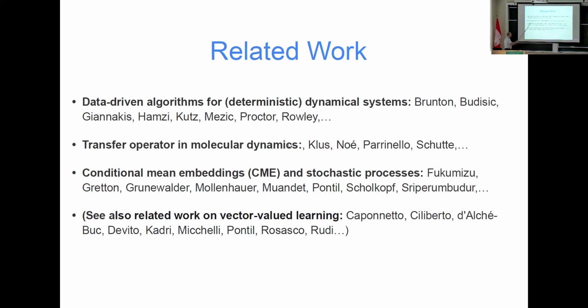Also, some very interesting work in computational physics, in particular. We've been motivated by work by my colleague Michele Parrinello, who's working in molecular dynamics. And also in machine learning, there has been some work for quite a few years on these conditional mean embeddings and also vector-valued learning. And some of the algorithms that we use are intimately related to this research.